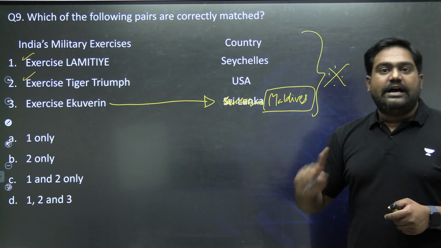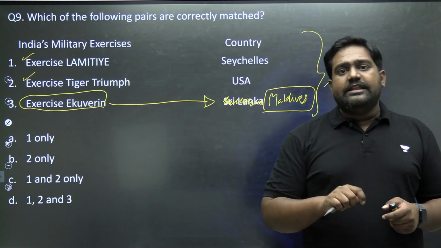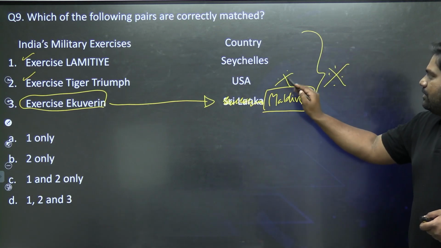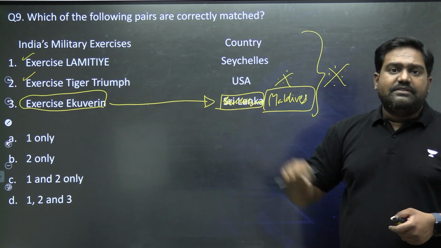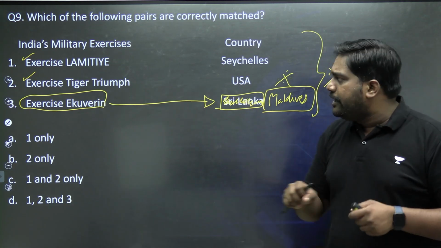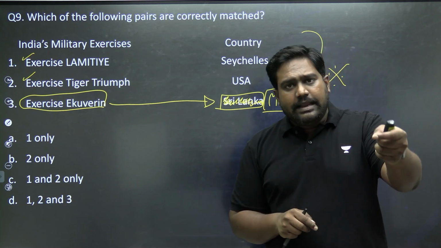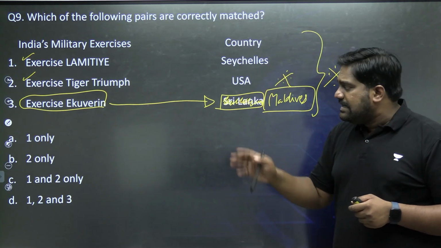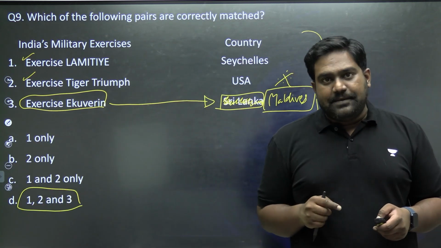Even 3 is correctly matched. Exercise Ekuverin is between Indian Army and the Maldivian Defense Forces. So kindly make a correction. Erase Sri Lanka here. In the previous slide, I had mentioned Maldives only. So Ekuverin is a military exercise between Indian Army and the Maldivian Defense Forces. So this is also correct. All 3 pairs are correct. So option D becomes the right answer, 1, 2, and 3.